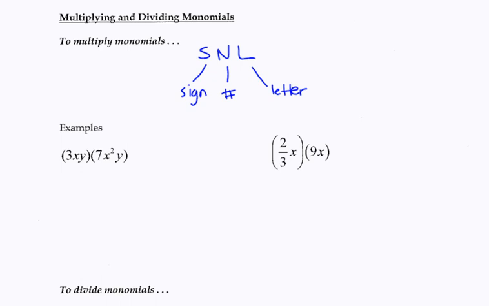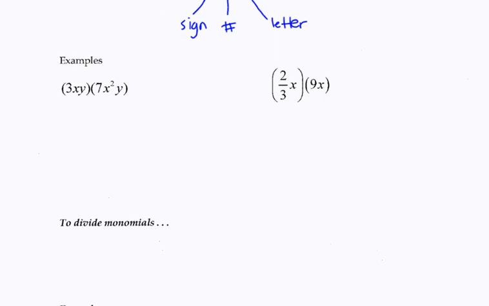So 3 times 7, 21. Now, when we multiply same bases, what do we do with our exponents? We just finished them. We add them. So what is the exponent if you don't see it? 1. It's good to write it in if you forget that it's a 1. So for x, it's going to become x to the power of 3, y to the power of 2.